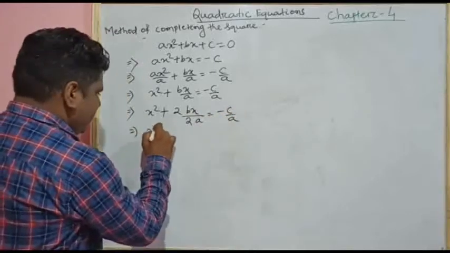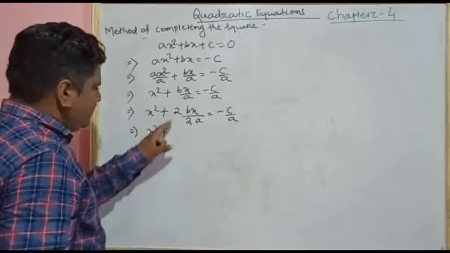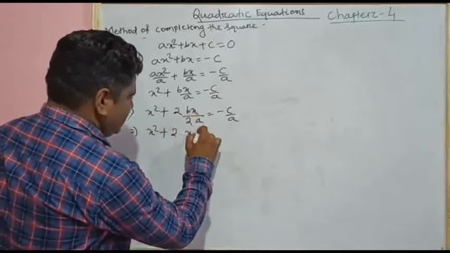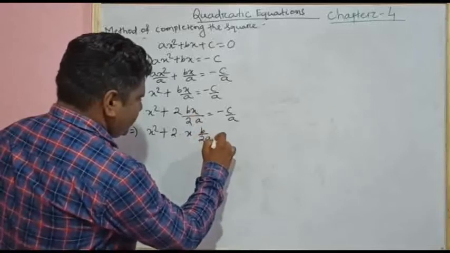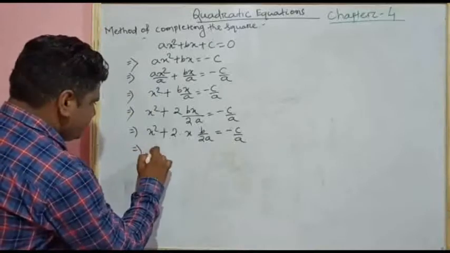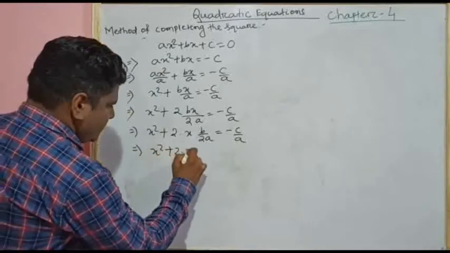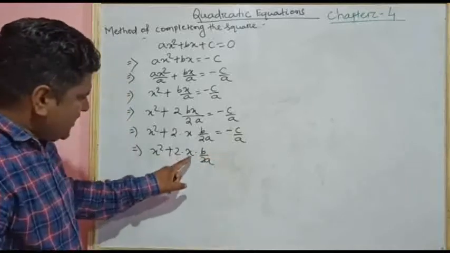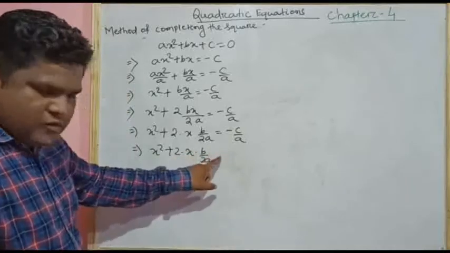Next step, x square plus, we have to write 2 and x first. 2x, the remaining is b by 2a is equal to minus c by a. Next step, x square plus 2 into x into b by 2a. After 2 and x, the remaining is b by 2a.